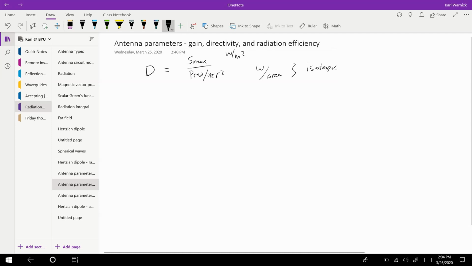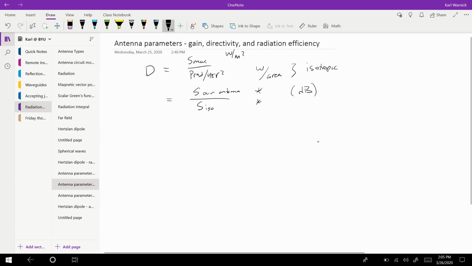So really what we're saying is, directivity is the S of our antenna radiated relative to the S of an isotropic antenna that radiates the same amount of power as our antenna. So we're comparing our antenna to an isotropic antenna. That's a dimensionless quantity called directivity. A lot of times we'll convert that to dB and give it a value in decibels.